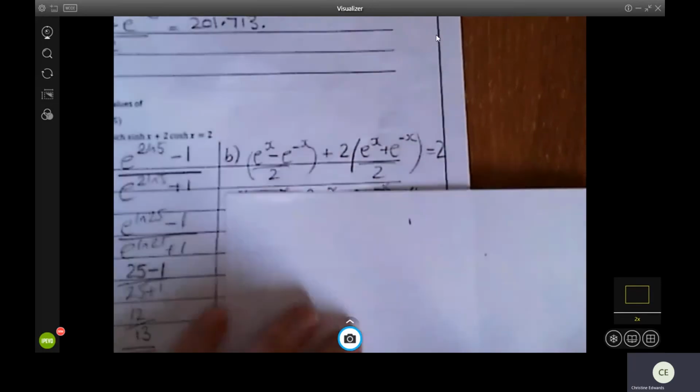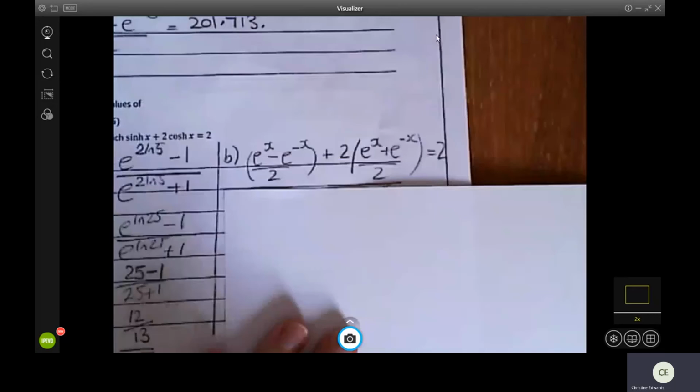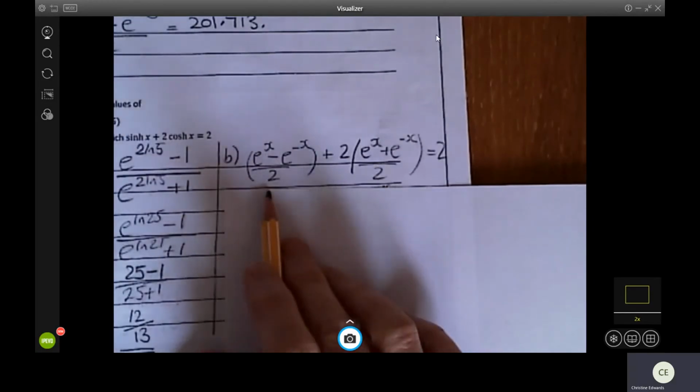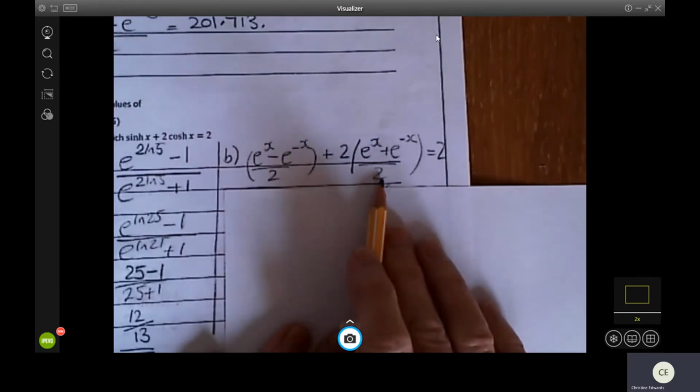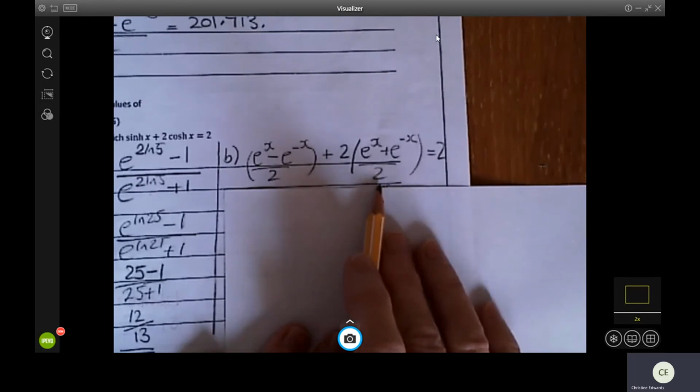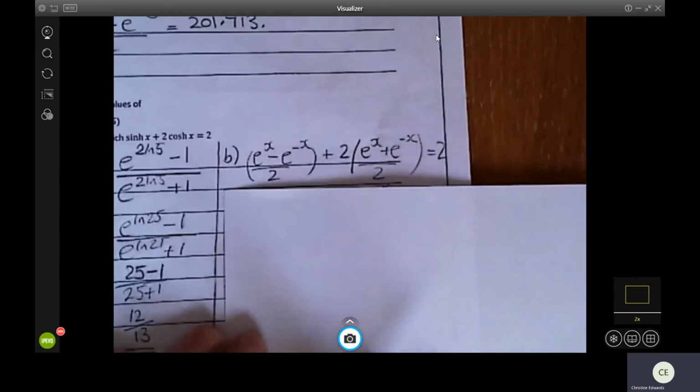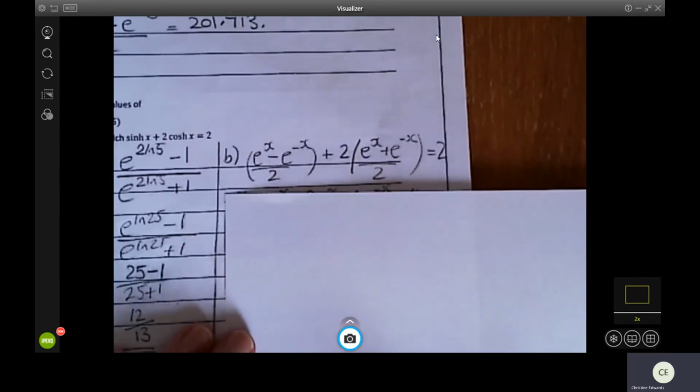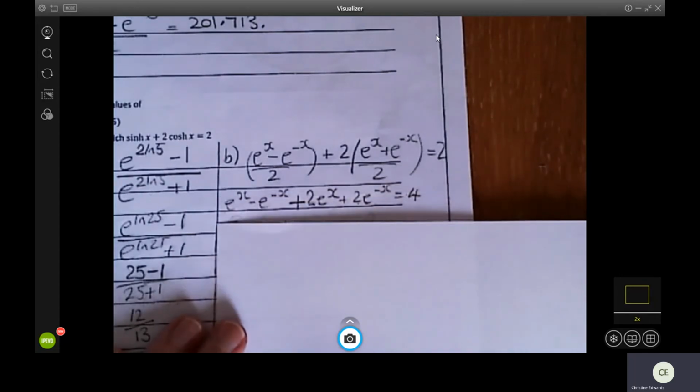So here you can see I have replaced sinh with e to the x minus e to the minus x over 2, and 2 times cosh with e to the x plus e to the minus x over 2. We are then working to simplify and generate a quadratic in e to the x. So we multiply out our brackets and multiply through by the 2 to simplify.